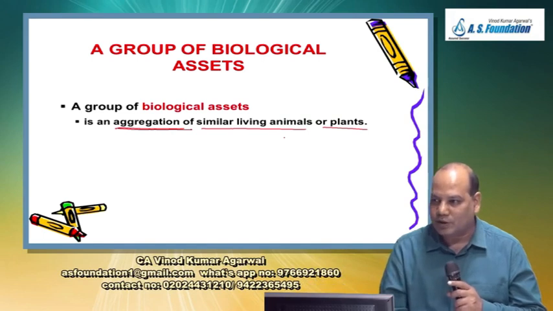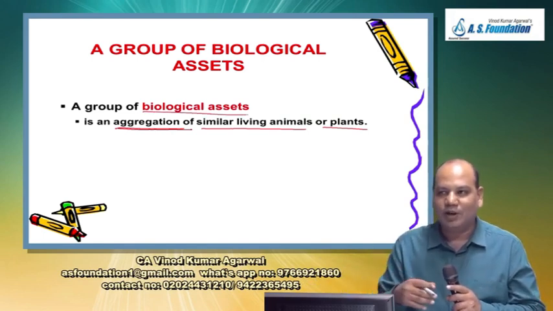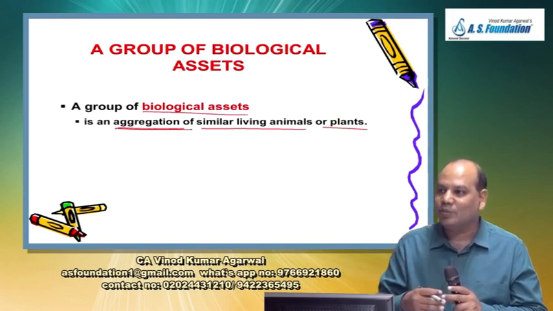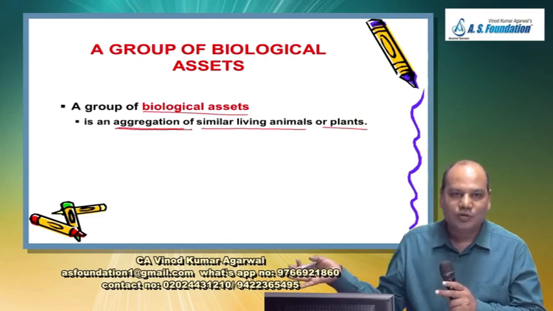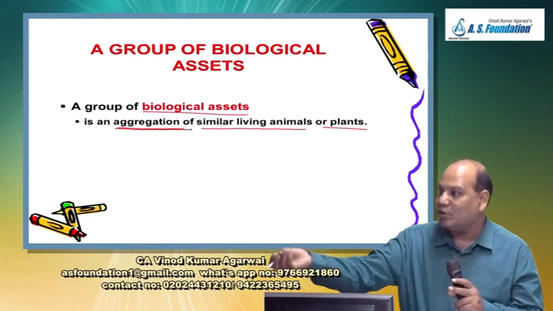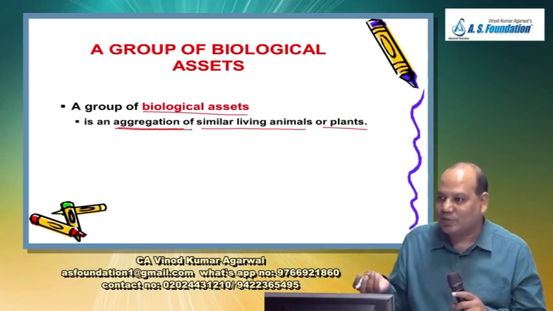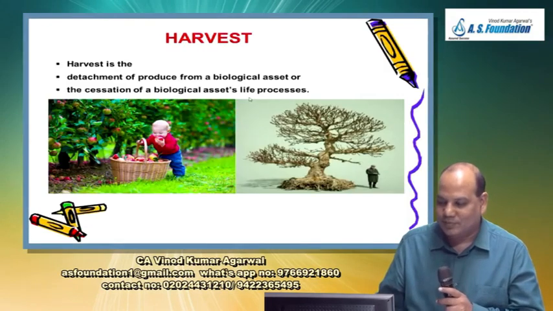That is how we can do the valuation, because these biological assets that we might be having in our stock may be in lakhs of numbers, thousands of numbers also. Like in case of a chicken farm, there are thousands and lakhs of chickens. Are you going to catch hold of each of them and do the valuation? So you'll do the valuation on an aggregation basis.